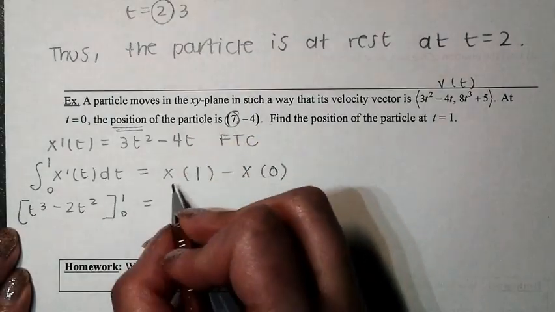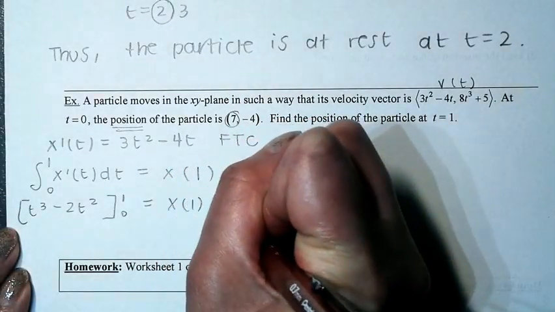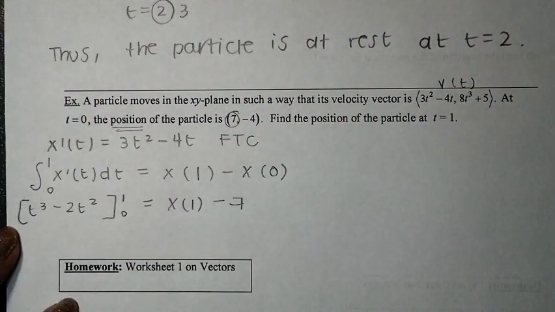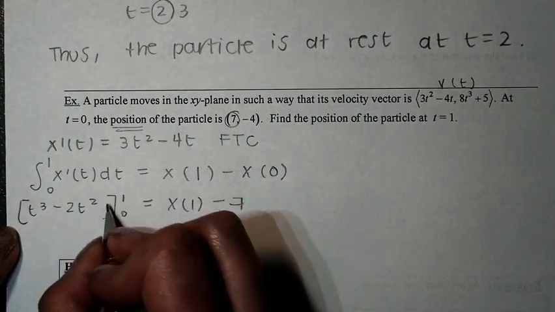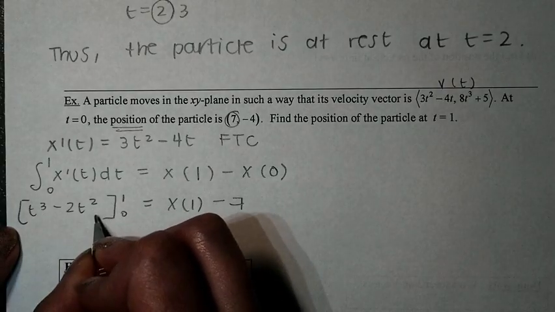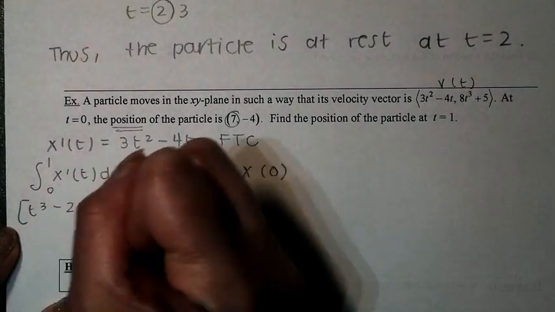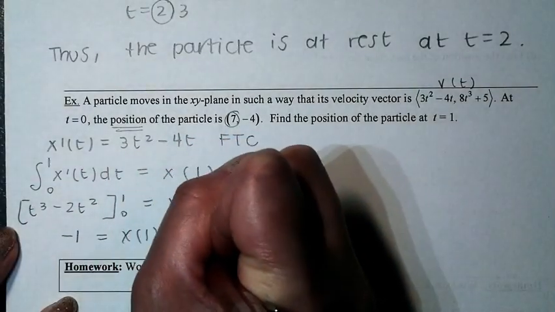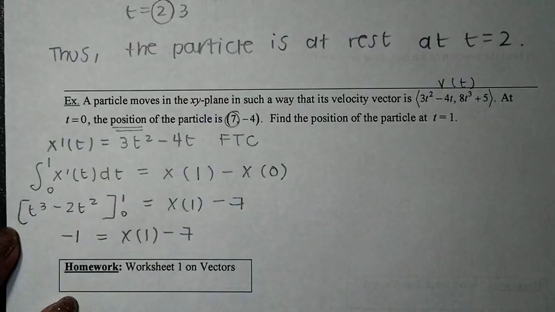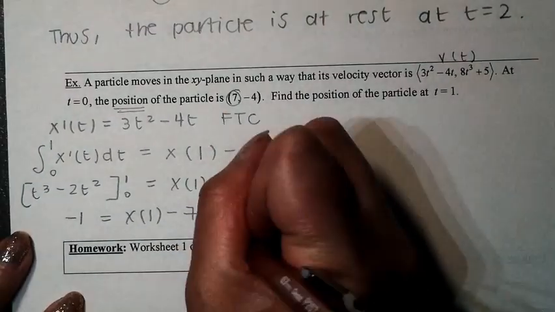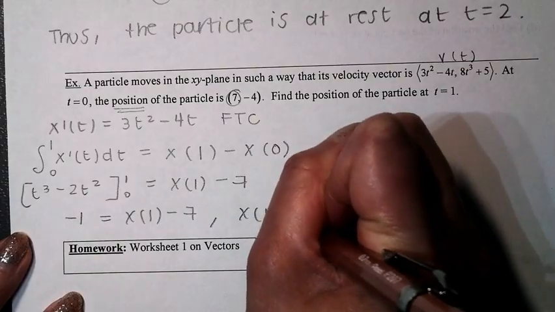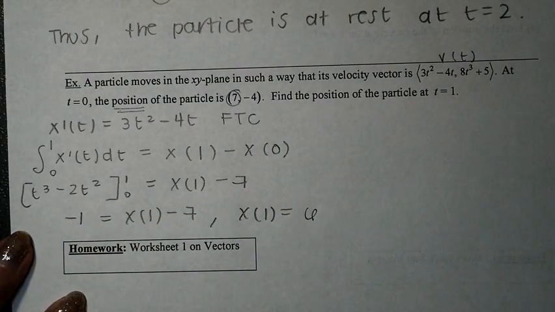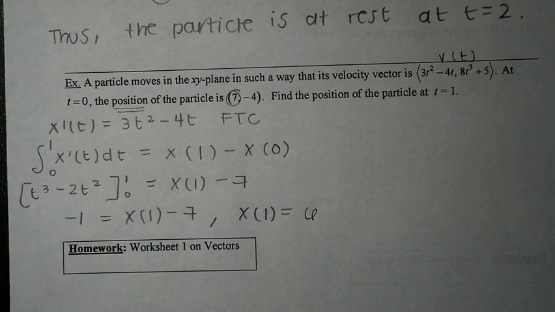And then you know that you are looking for x of 1, and x of 0 is going to be the 7 that we have here. Then you plug in the 1. What do you have when you plug in the 1? This is going to be negative 1, equal to x of 1 minus 7. Do you see it? Therefore, x of 1 is going to be equal to, passing that 7 positive to the other side, 6. So that's going to be x of 1.